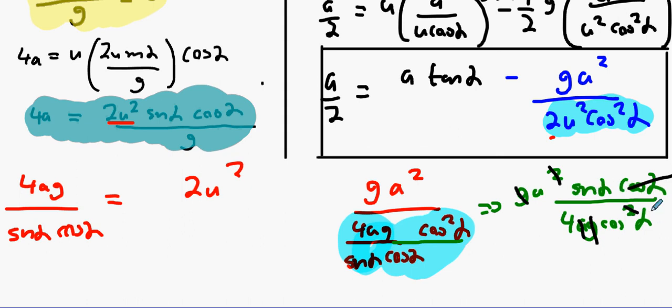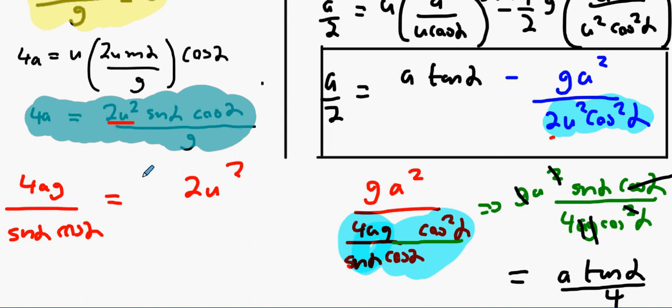Now I have sine alpha divided by cos alpha, which just turns into A tan alpha, which is much better than what I had here a second ago. Oh, there's a 4 on the bottom, is there? Come on, you keep me on track.